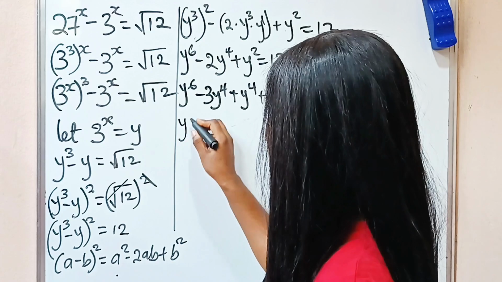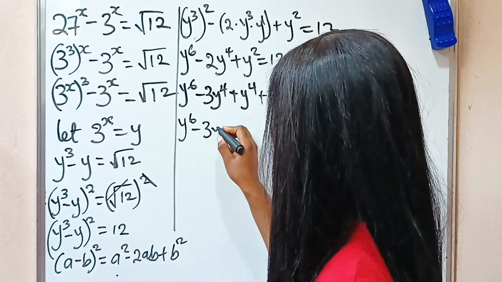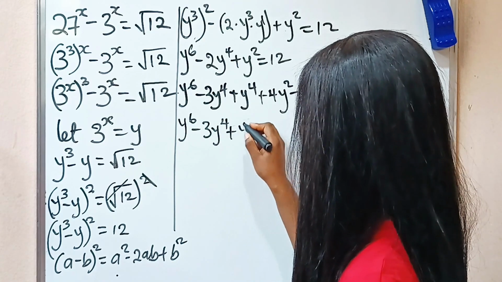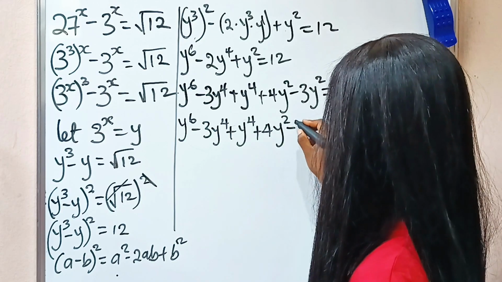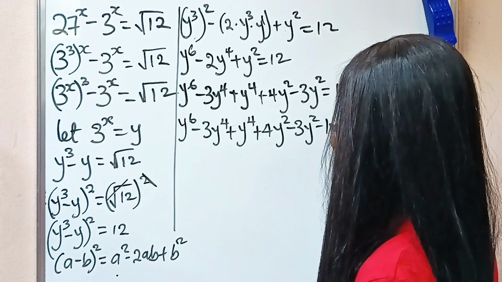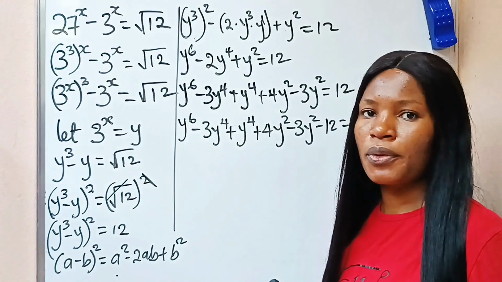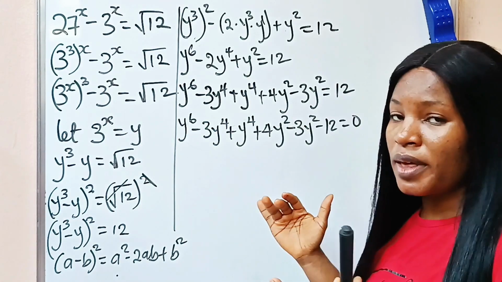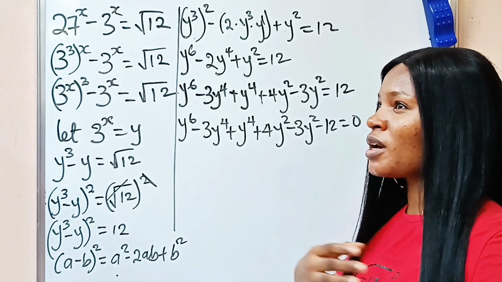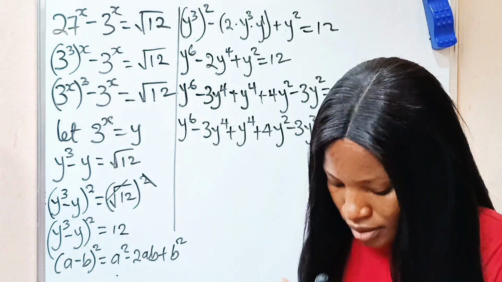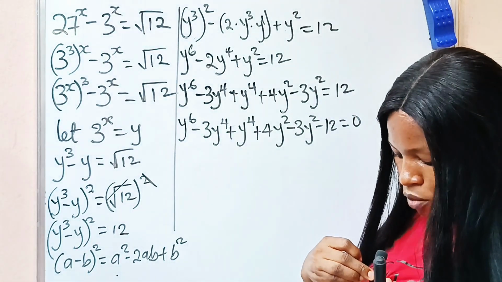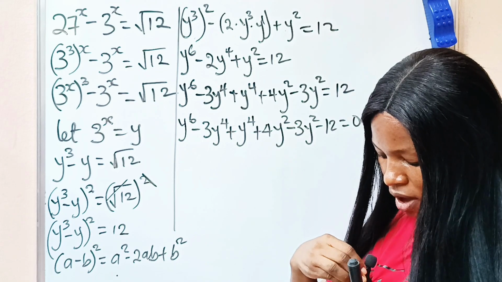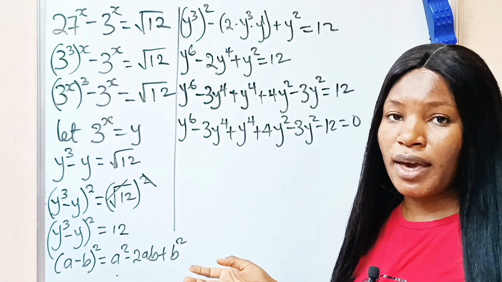So we have y to the power of 6 minus 3y to the power of 4 plus y to the power of 4 plus 4y squared minus 3y squared minus 12 is equal to 0. Now let's group them. We are going to group them according to the common factor we are trying to get.